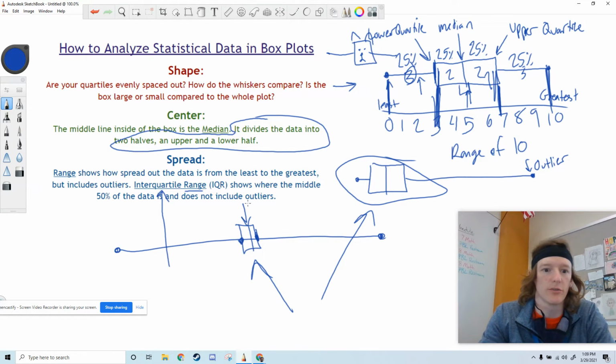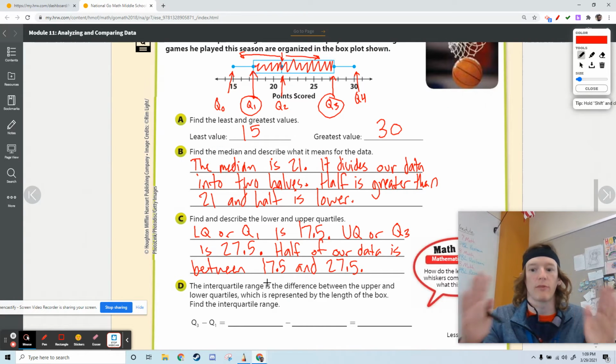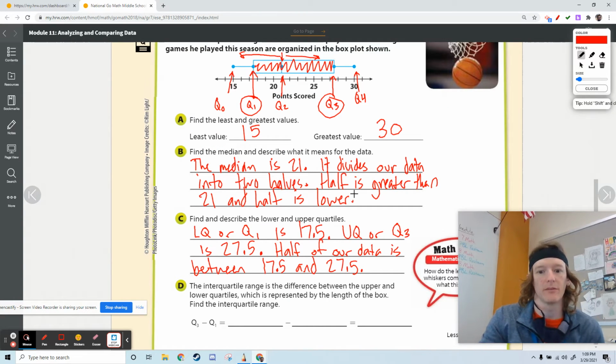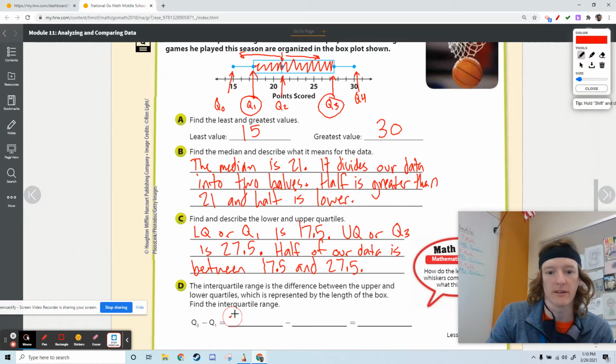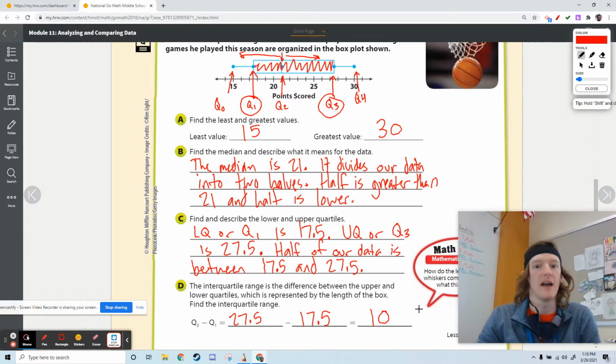For part D, we're going to find the interquartile range. The interquartile range tells us a range again, so we need to do the bigger one minus the smaller one, Q3 minus Q1. Q3 is 27.5 and Q1 is 17.5, so 27.5 minus 17.5 is 10.